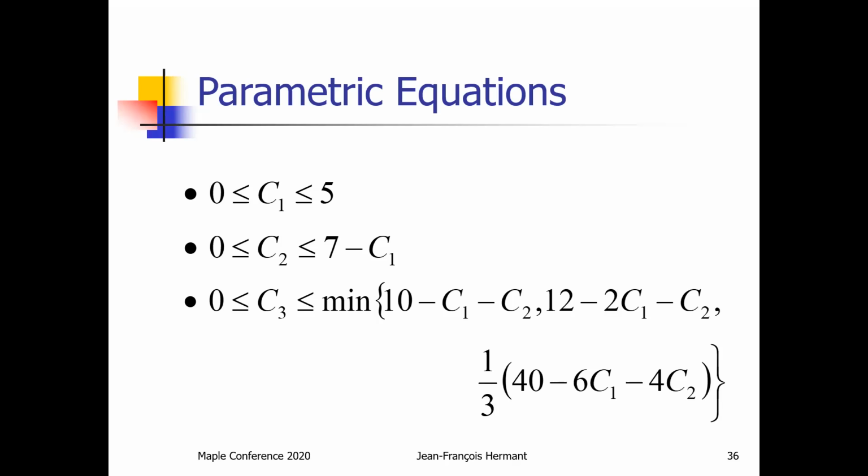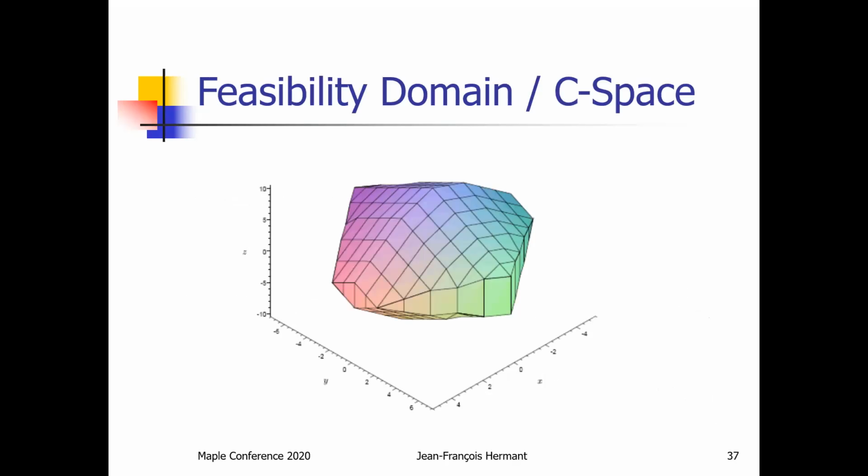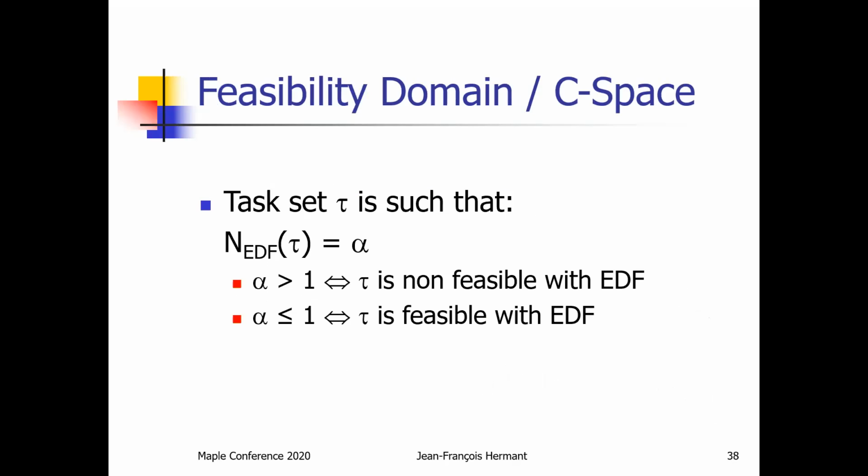Here are the parametric equations characterizing the feasibility domain or C-space for EDF. The feasibility domain or C-space for EDF is convex, which is directly related to the optimality of EDF. It is defined as follows.